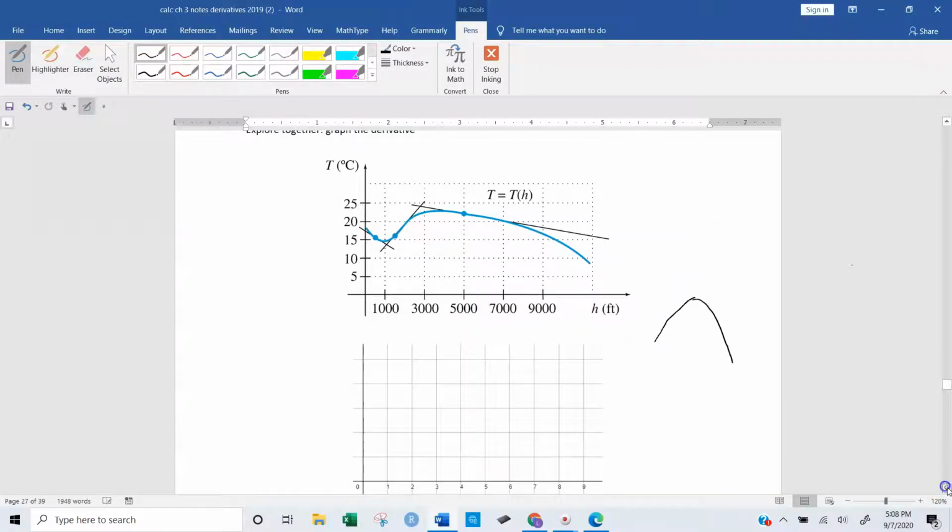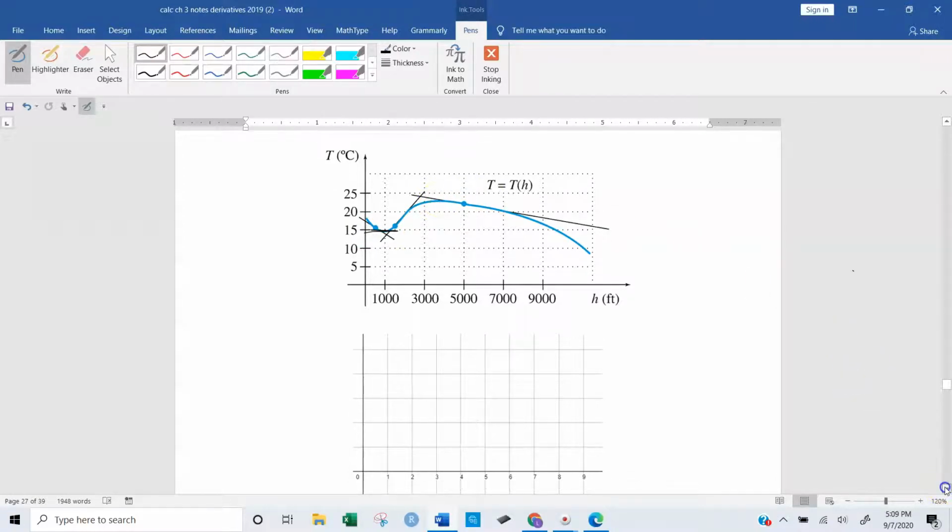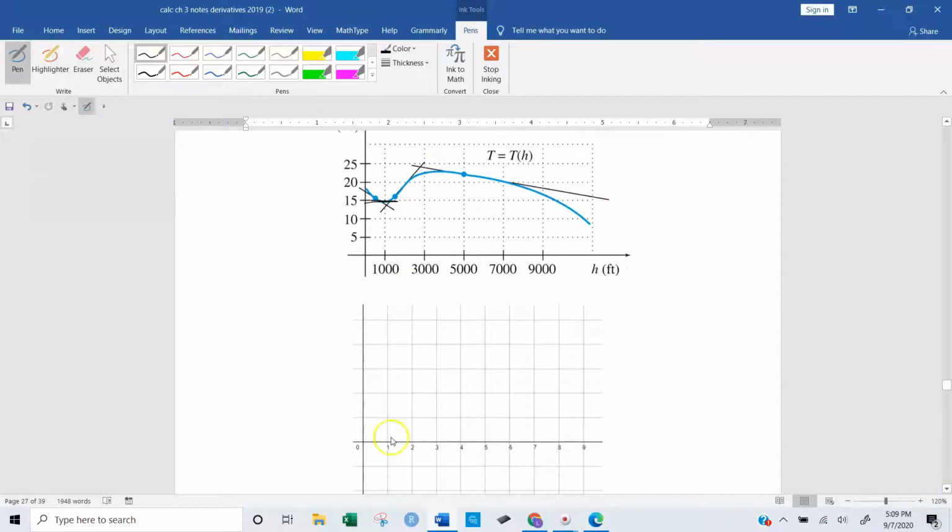All right, here we go. We want to graph this. The first place I need to find are my 0 slopes. So I know I have a 0 slope at 1,000. And I'm guessing it's roughly right here, probably close to 4,000. My graph below doesn't match exactly, but I'm going by thousands. So this is 1,000, 2,000, 3,000, 4,000.